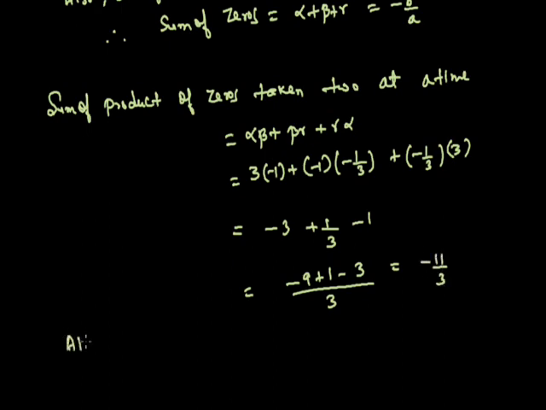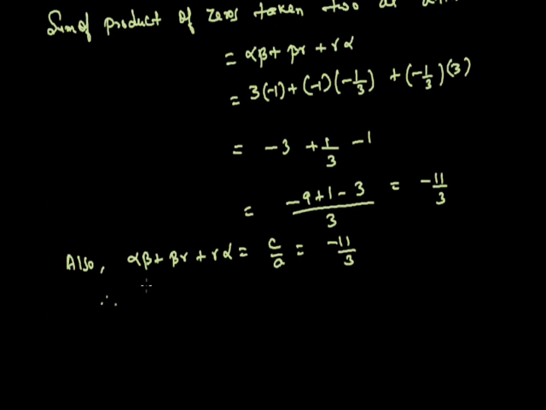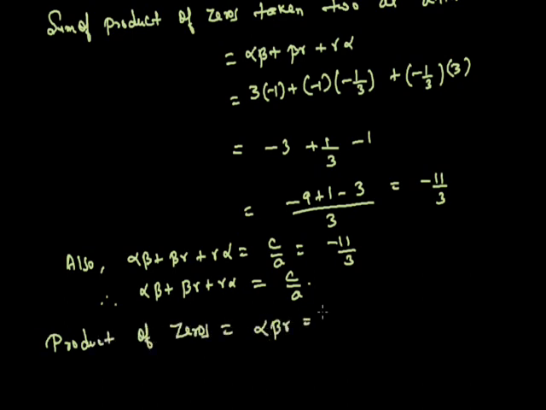Now also alpha beta plus beta gamma plus gamma alpha is equal to c/a. Now c is equal to -11, so -11/3. Therefore we can say alpha beta plus beta gamma plus gamma alpha is equal to c/a. Now product of zeros is alpha beta gamma.